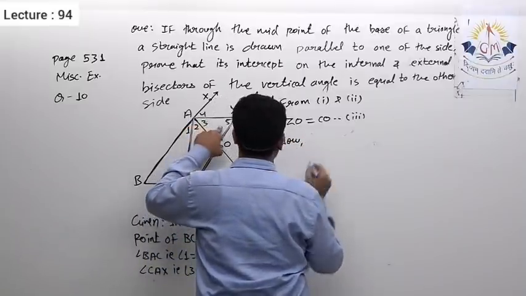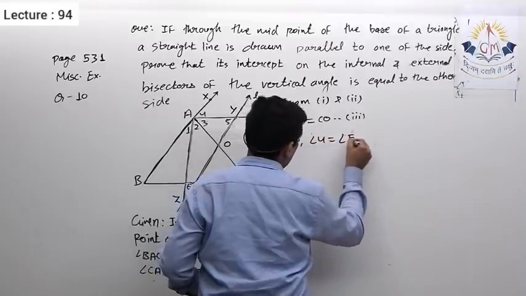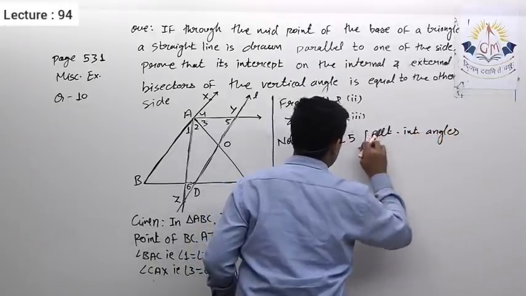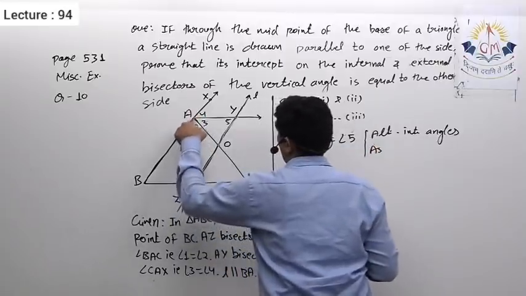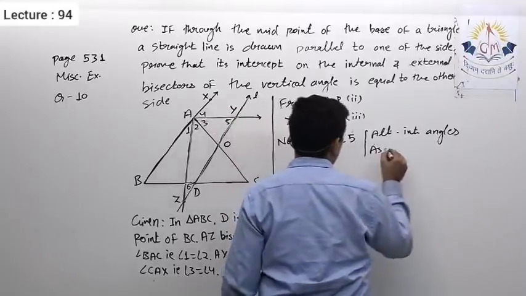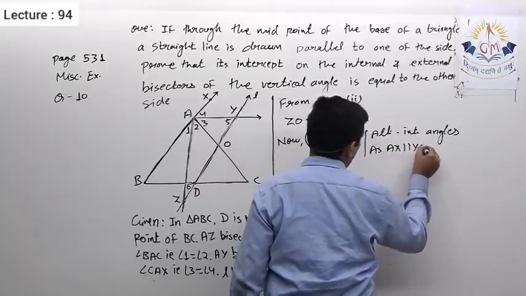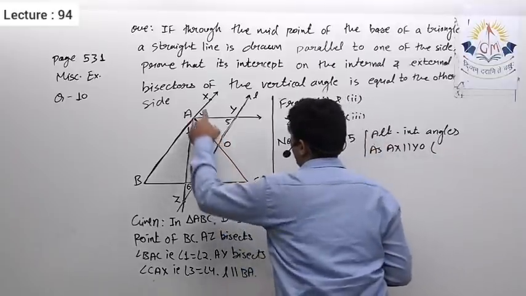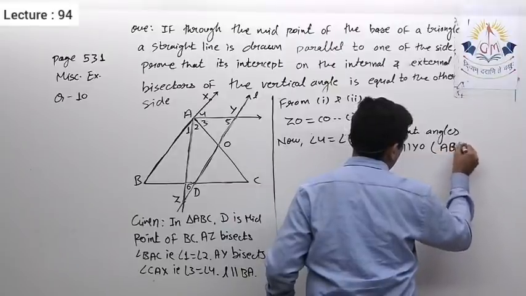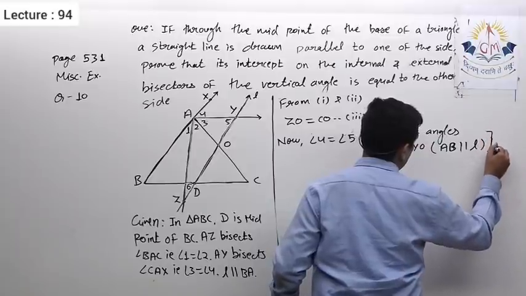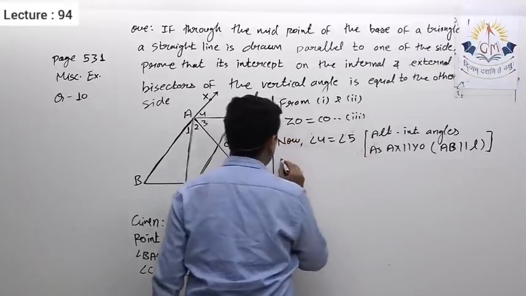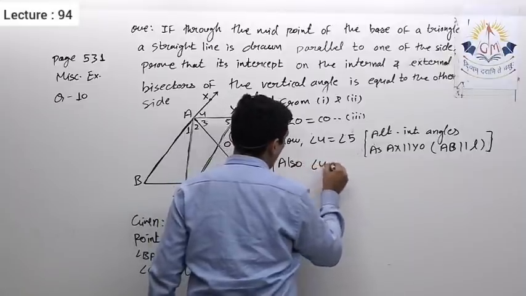Now angle 4 is equal to angle 5. Reason: again, alternate interior angles, as AX parallel YO, or I can say because AB parallel L. Also angle 4 is equal to angle 3.